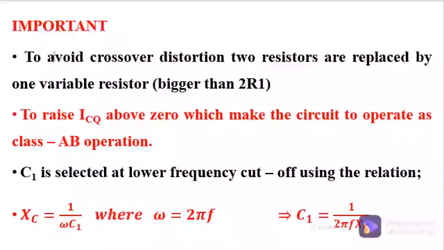Now these are some of the important things we need to take note about this class B amplifier. The first one is, if we want to avoid the crossover distortion, the resistors R1 and R2 will be replaced by a single variable resistor. That is a resistor that will be adjusted.